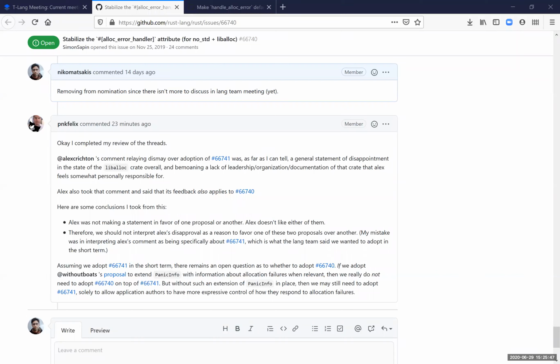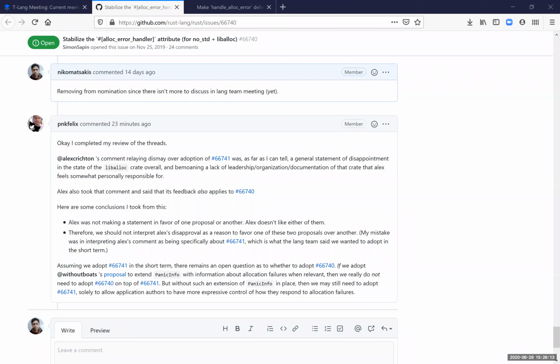I think a reasonable implementation would panic. The only concern I have is if someone has a vested interest in inspecting information about the failure, like the layout that caused it, then you can't express that using the panic handler strategy.